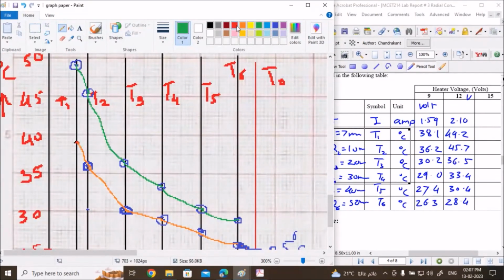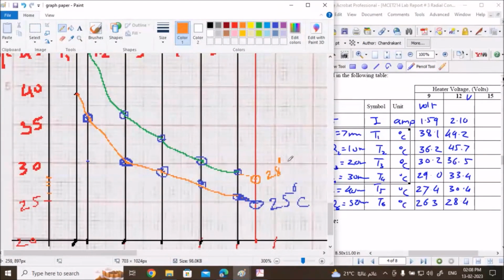And extend it, and here we'll get T0. So this is 28 degrees centigrade for 12 volt, and this is 9 volt.